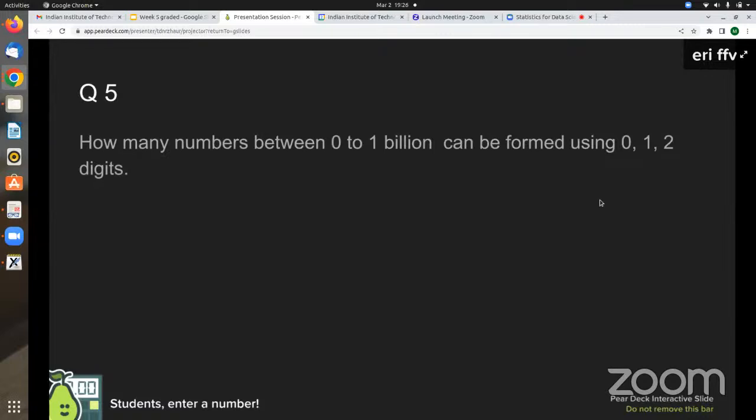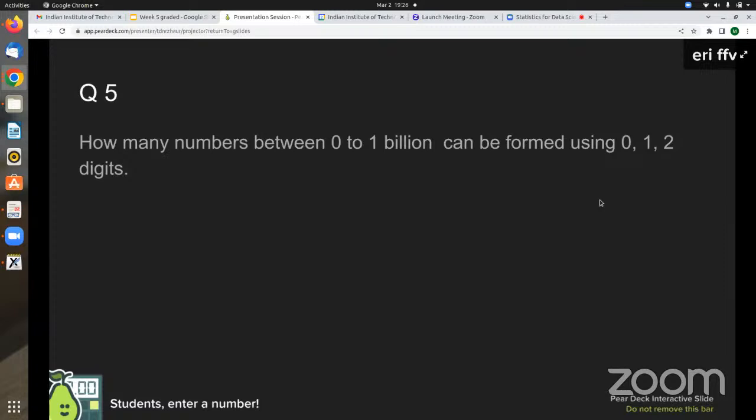All these digits you have to fill with only 0, 1 and 2. While solving this question, remember that if you put 0 at the first place, that number will not become a 1 billion-range number. So you can't have 0 at the first place. You have only two choices there, 1 and 2, and after that you can use any other digits: 0, 1 or 2.